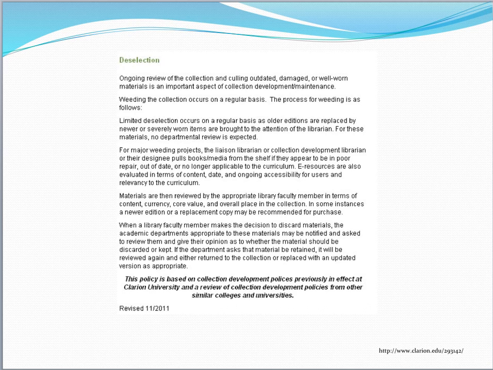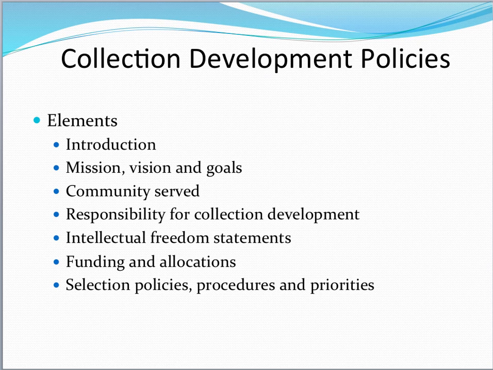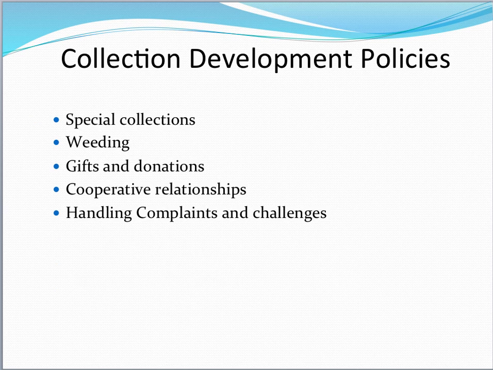However, most libraries will have the following elements: introduction, mission, vision and goals, community served, responsibility for collection development, intellectual freedom statement, funding and allocation, selection policies, procedures and priorities, special collections, gifts and donations, cooperative relationships, and handling complaints and challenges.